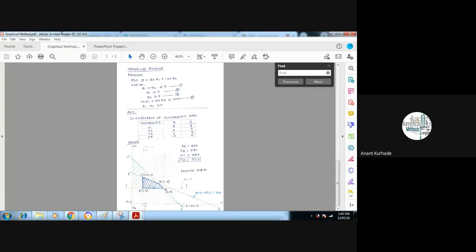So 1 mm is equal to, I have drawn this 9 means it is 90 actually. 15 means it is 150. That 2 means it is 20 here. So 1 mm is equal to 10 units.